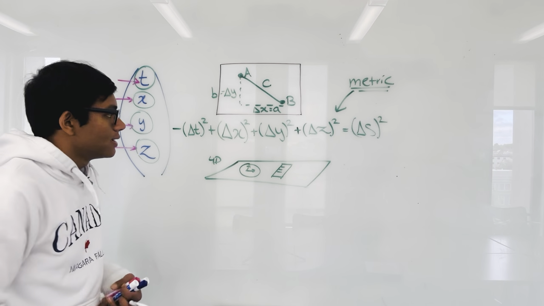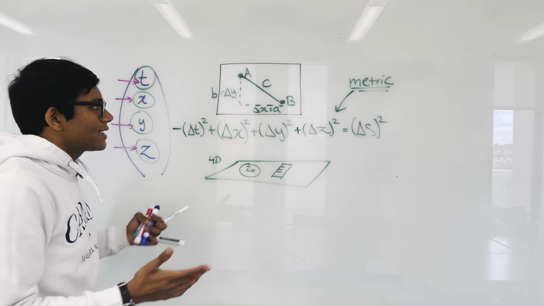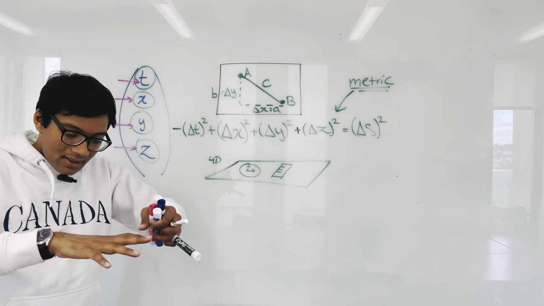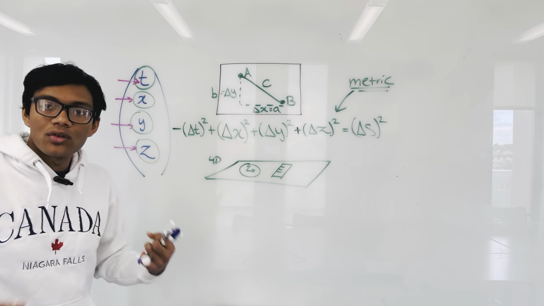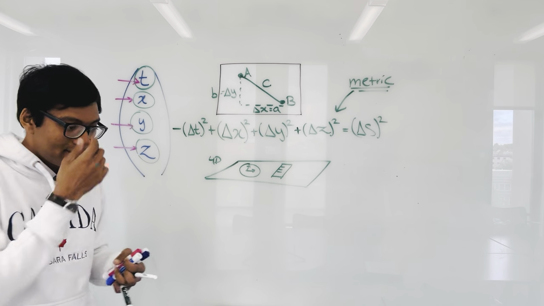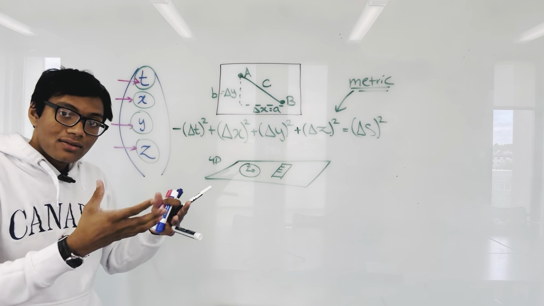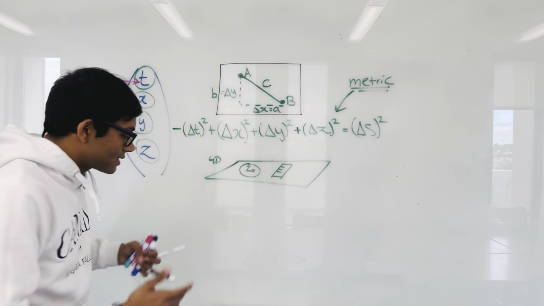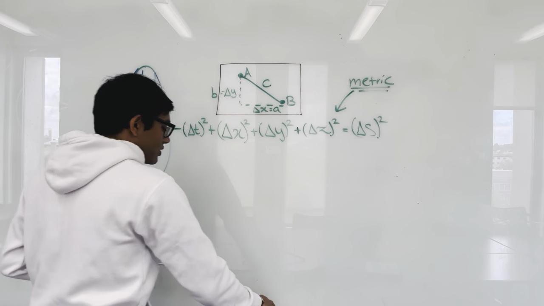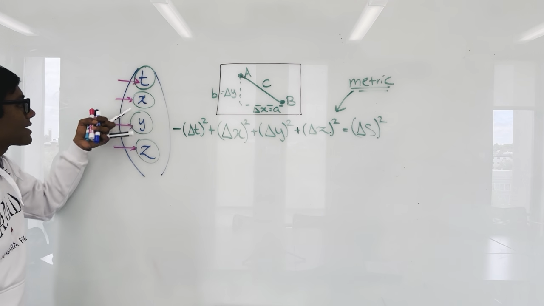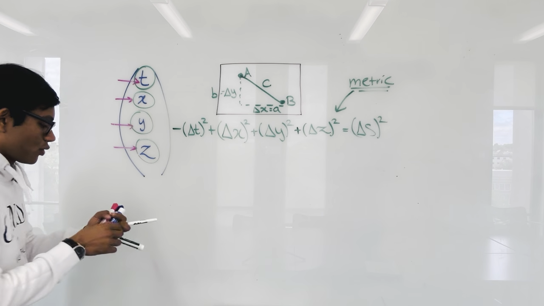Now, if we'd like to describe something like a black hole, then we need to go to something called spherical coordinates. Spherical coordinates describe a sphere, as the name implies. So to use spherical coordinates, we'll have to change from x, y, z to a different coordinate system.